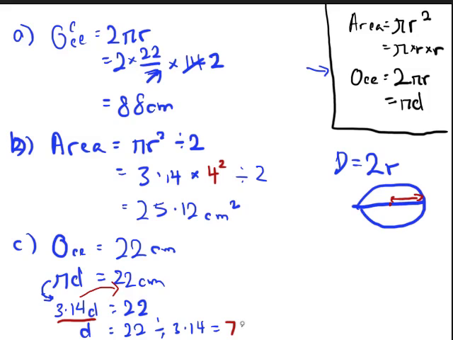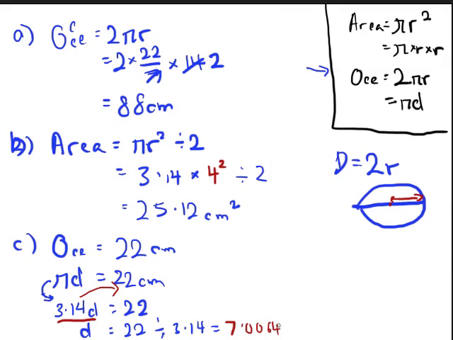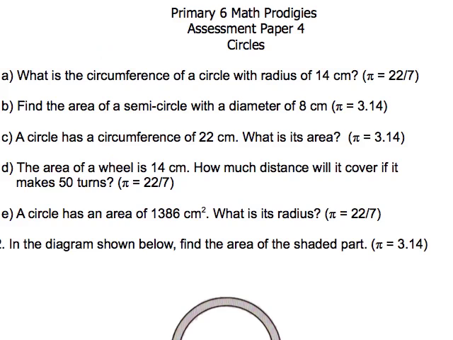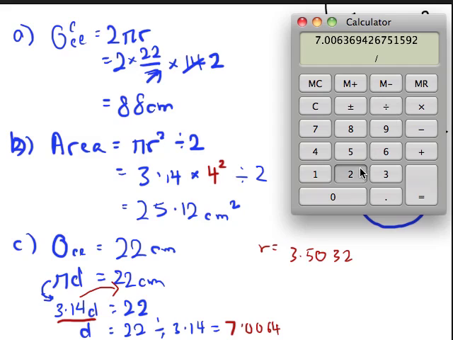So I'm just going to put 7.0064. And they ask you to find the area of the circle. So if the diameter is 7.0064, you must divide it by 2, right? So radius equals 3.5032. Am I right? Divide by 2.